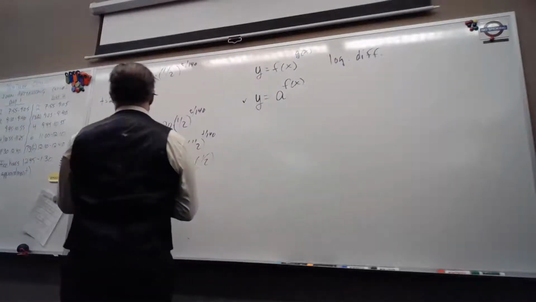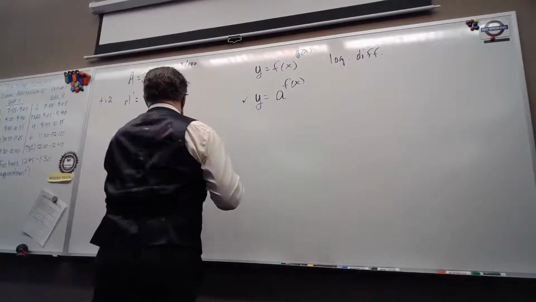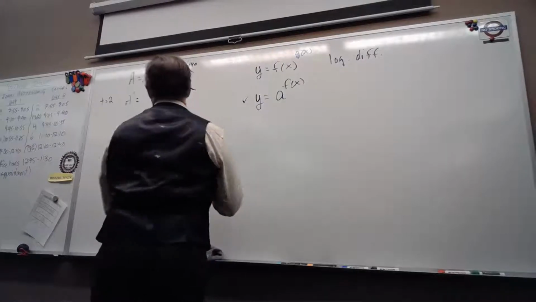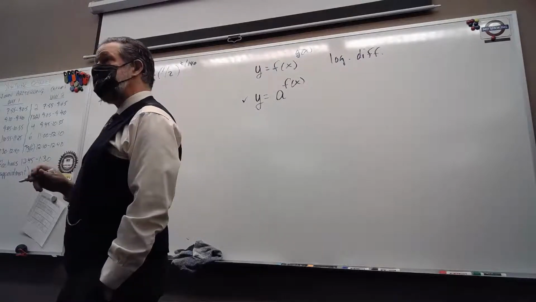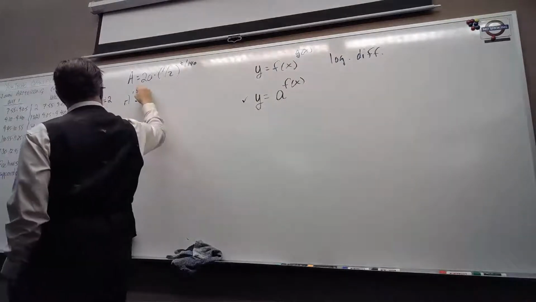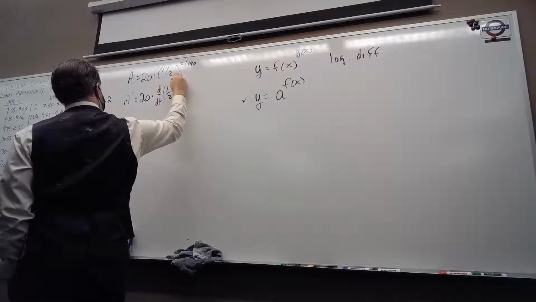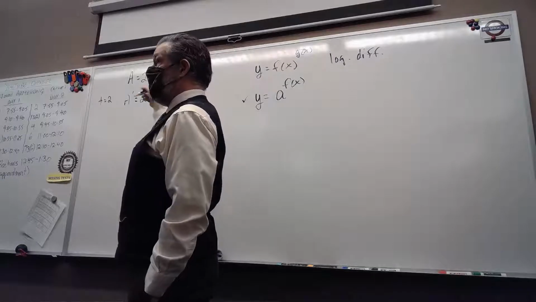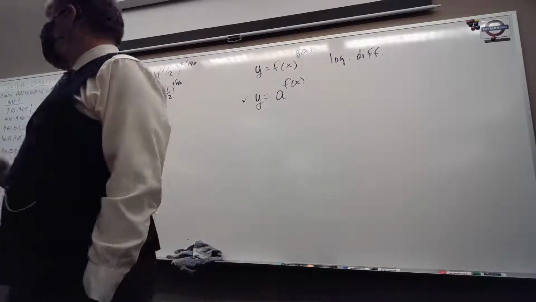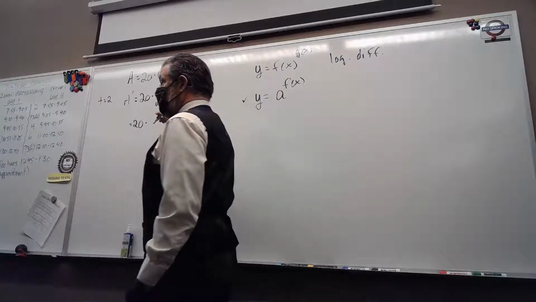As opposed to, what do I do with the constant in front of a function when I take the derivative? I just leave it there. So I just leave the 20 there, and then it's the derivative of that. And what's the derivative of that? What's the derivative of this?